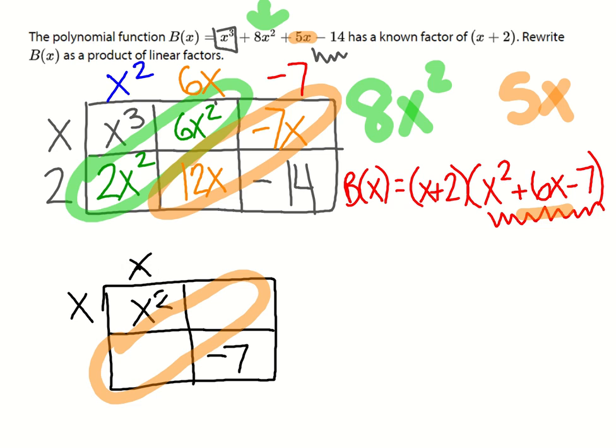Now I need to find two numbers that are going to multiply to -7. I know it has to be a 7 and a 1. I know that one of those is going to have to be a negative number. To figure out which number is negative, we have to look at our next term. In order to do this, I know I'm going to have a 1 in this box and a 7 in this box, but I know that those two terms have to add to get a positive 6.